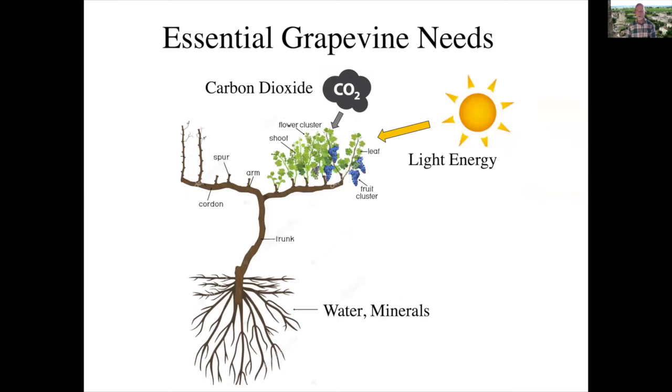The need for light energy, obviously, and carbon dioxide for photosynthesis, which converts light energy into sugars. And it needs water, which makes up the bulk of the volume of the plant, as well as some minerals, largely essential elements for photosynthesis, but for other constituents in the plant as well.